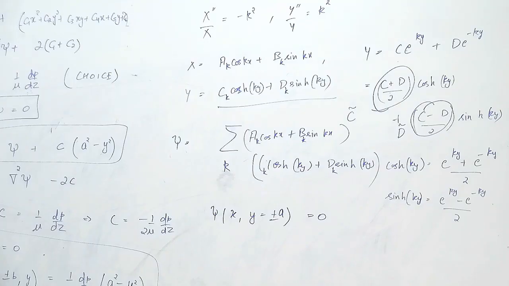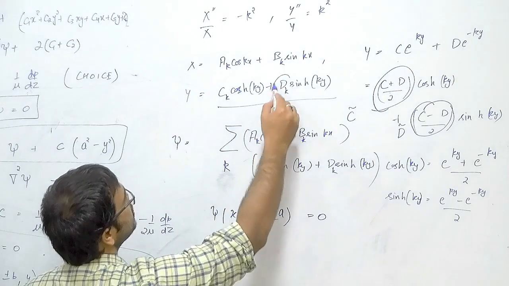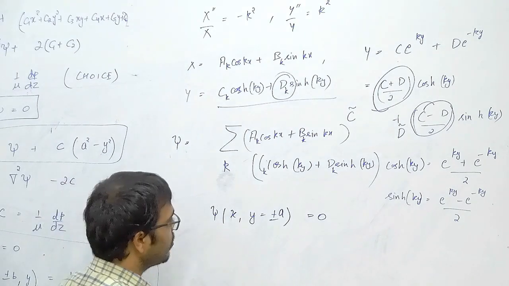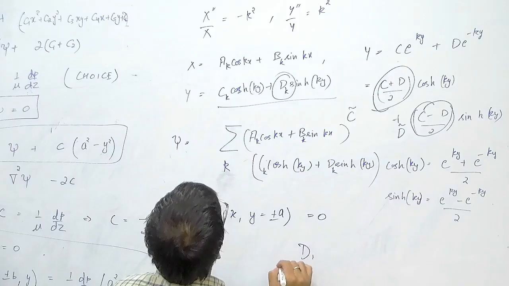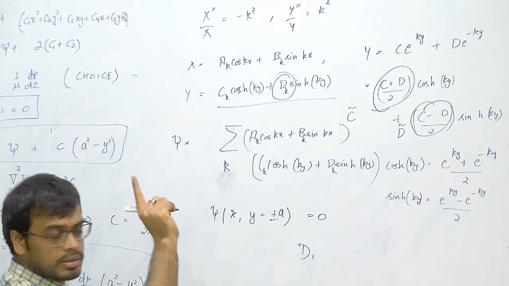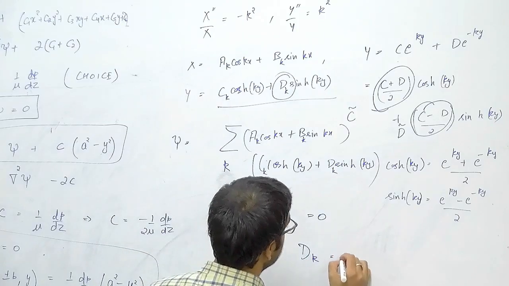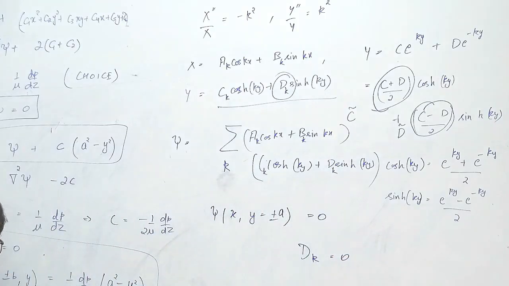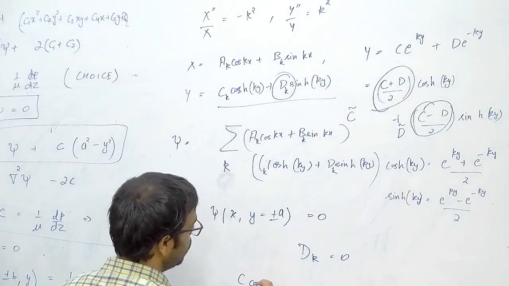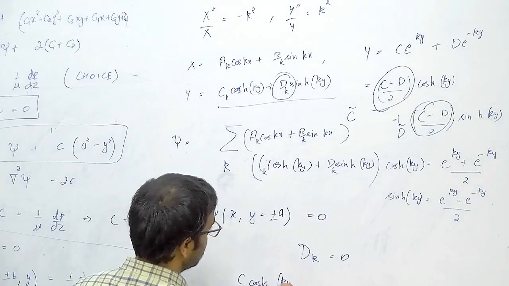Sine terms will have to be 0, and for them to be 0, basically dk's will be 0. No, I am saying it is an even function in y, not x. So, dk's are 0. Okay. So, essentially the solution variation in y is according to cos hyperbolic ky.